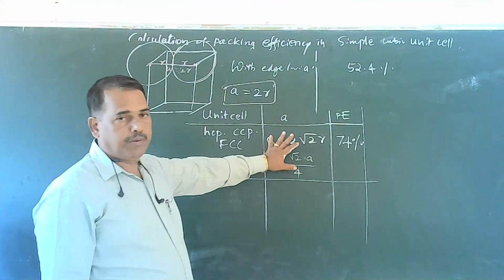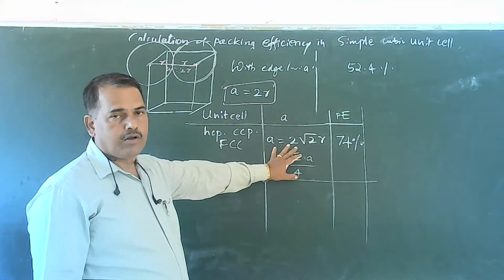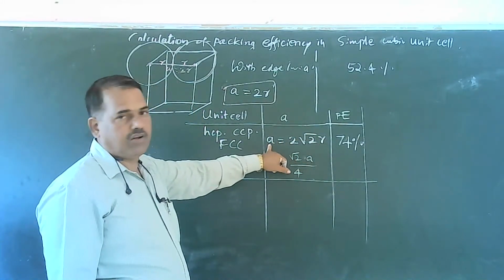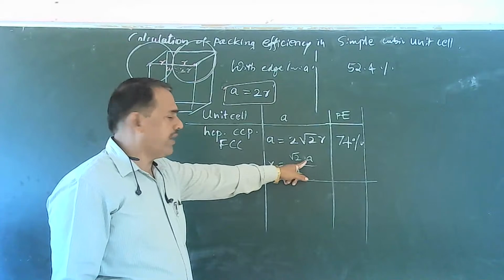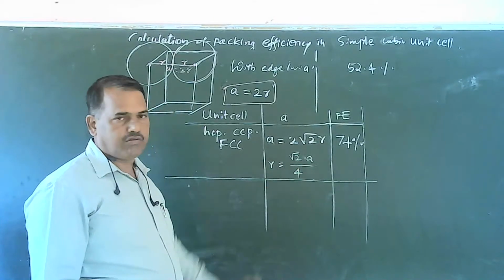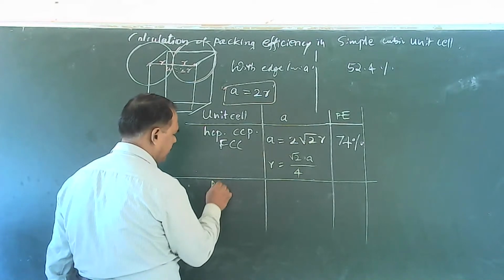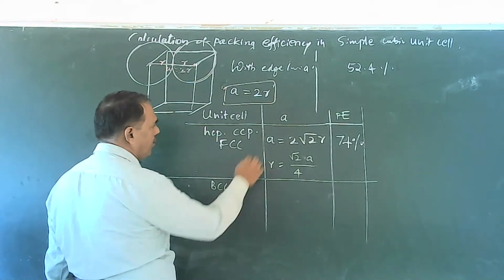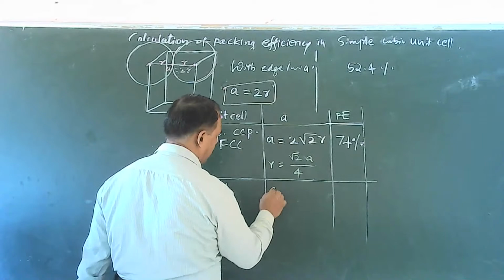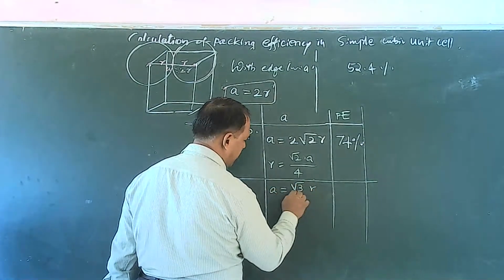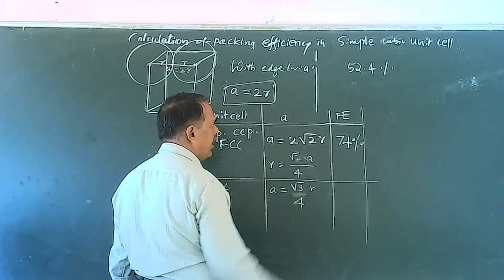So you will get one CET question. We will give the radius, you have to calculate the edge. Or we are going to give the edge length, you have to calculate the radius. Then in BCC, A is equal to what you got? You got root 3R by 4. Are you clear?